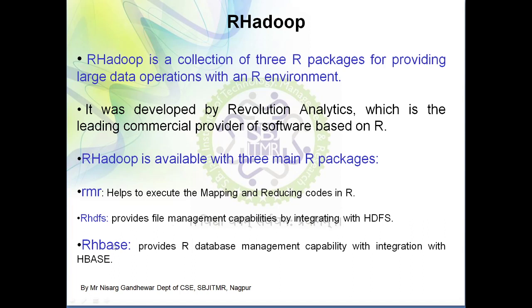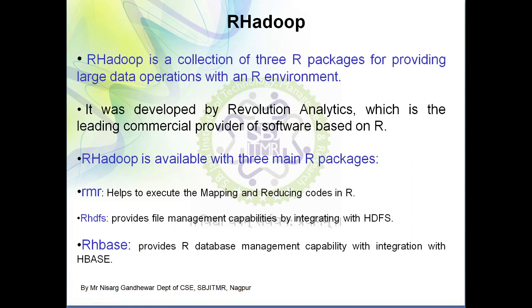As its name suggests, RHBase allows us to use R script to access HBase tables, because HBase is a NoSQL database available in the Hadoop framework. With the help of R, if you need to deal with HBase tables, you have to use this package. It provides database management capability with integration with HBase.